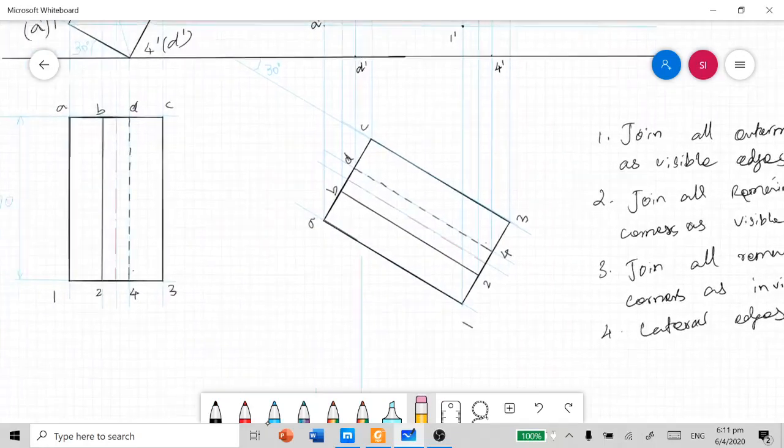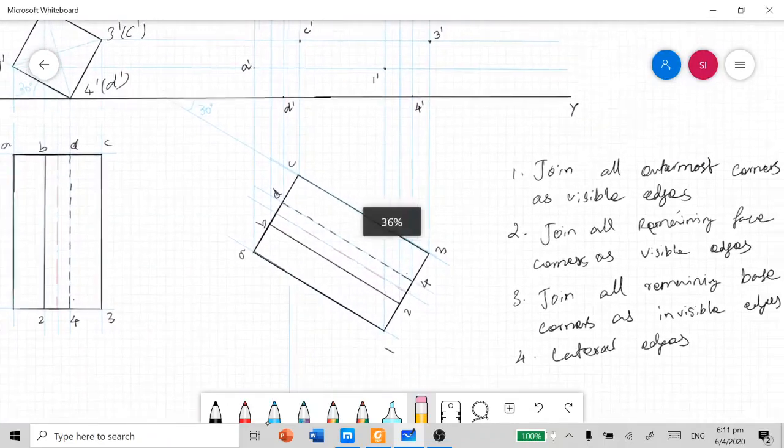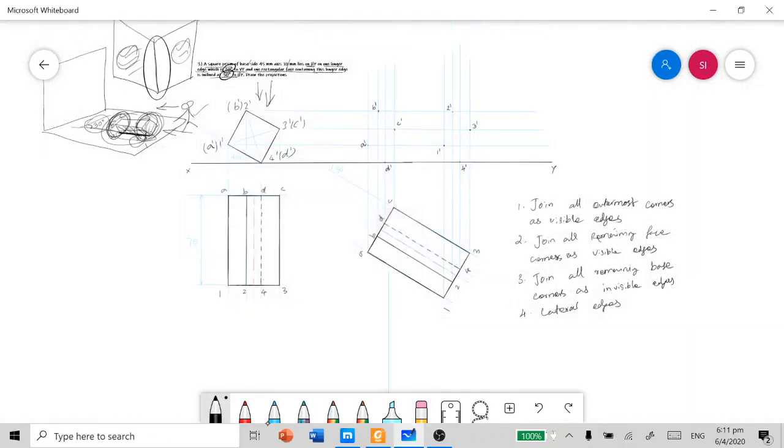Now by the first rule we have to join all the outermost corners as visible edges.